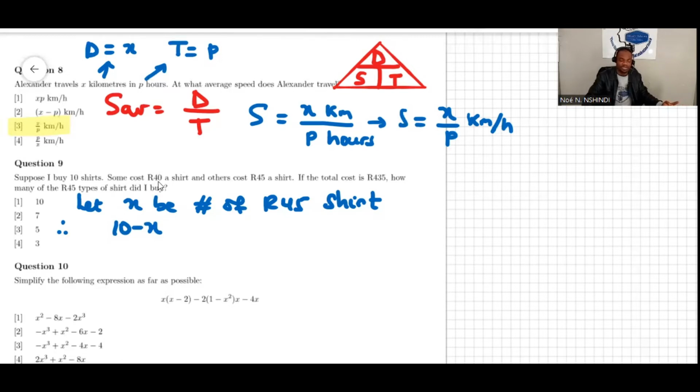How do I know? I did 10 minus 4, which is 6. Because I don't know how many it is, I leave it as X, and the number of 40 rand shirts will be 10 minus X.